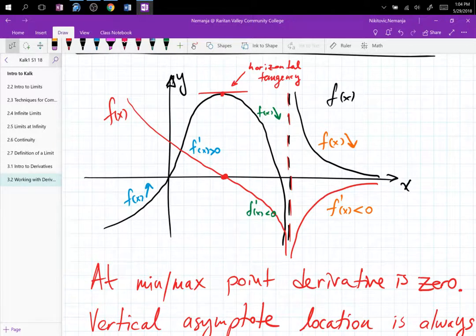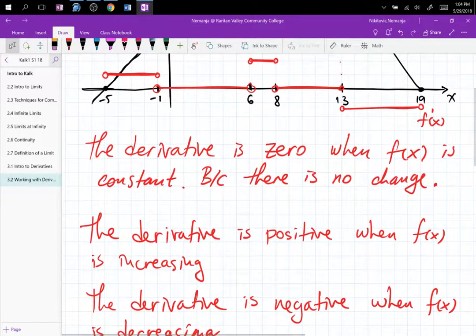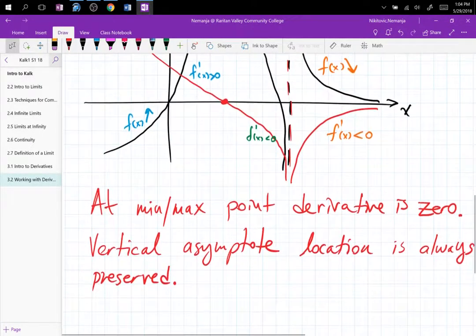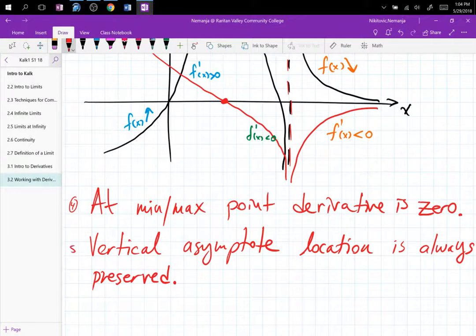And now you can draw any function and apply these rules, the ones that I wrote in red. So there are 5 rules, guys. I don't know if you counted these, but let's label them. 1, 2, 3, 4, and 5. If you follow those 5 rules, no matter what I throw at you in terms of a function, you will be able to find the derivative.